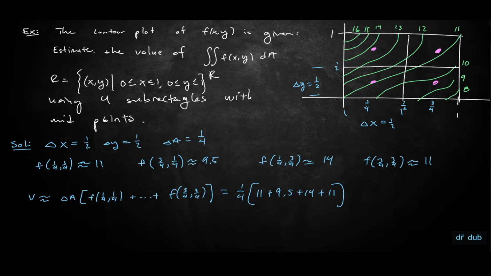And I'll say that that is about 45.5 over 4. So let's see, 11.75-ish. Something like that.